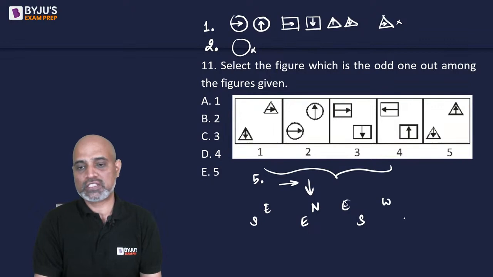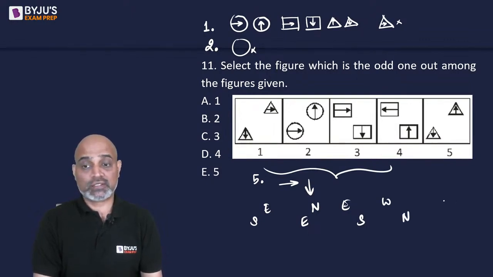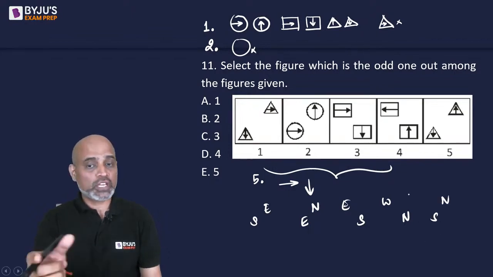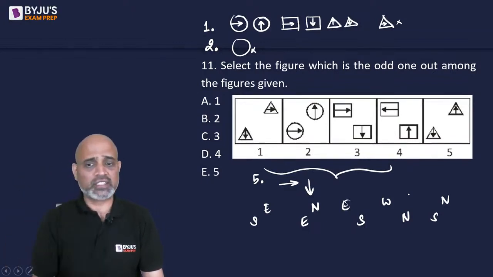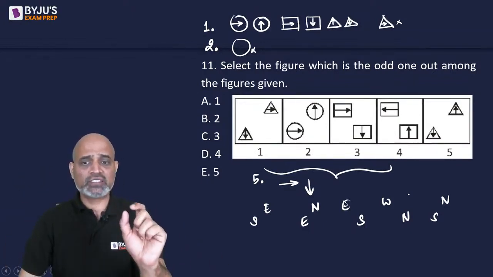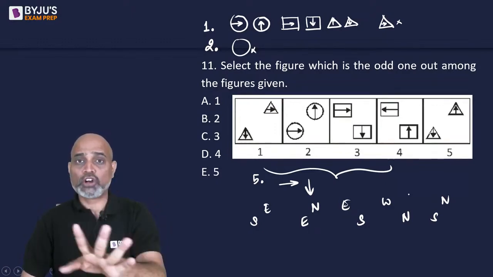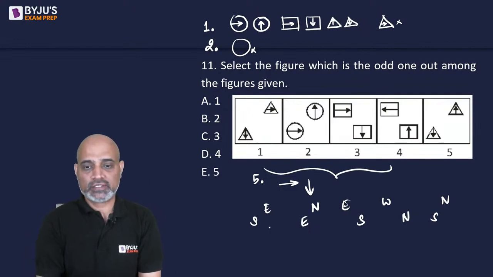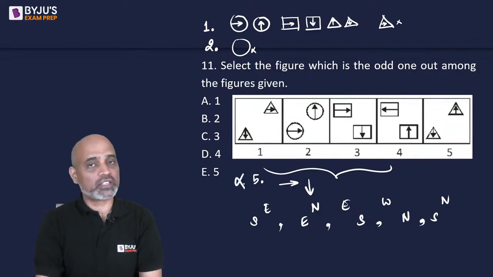It's moving west and north in the fourth figure, and it's moving north and south in the fifth figure. तो इसमें कुछ है नहीं कि साउथ इज कंसिस्टेंट, नॉर्थ इज कंसिस्टेंट, ईस्ट इज कंसिस्टेंट, ऐसा कुछ नहीं है. You will not find a particular direction which is in 4 out of these 5, है ना. तो एरो का डायरेक्शन का तो सेंस नहीं बनना चाहिए.